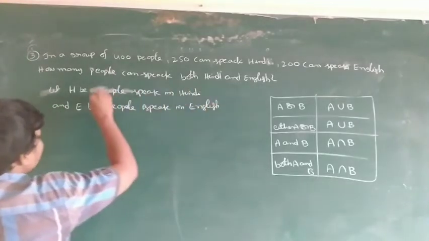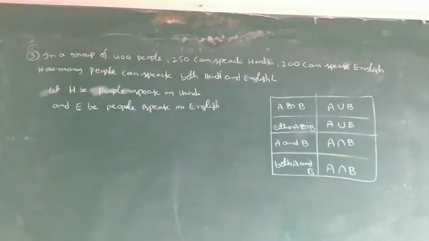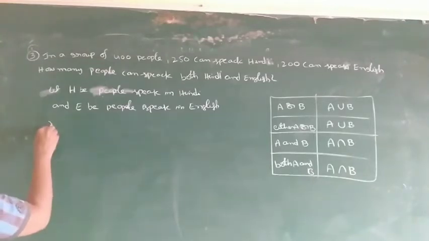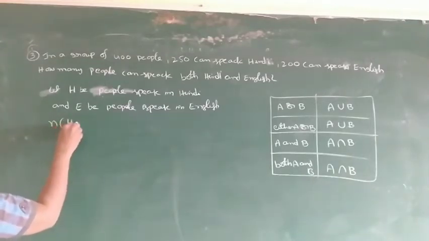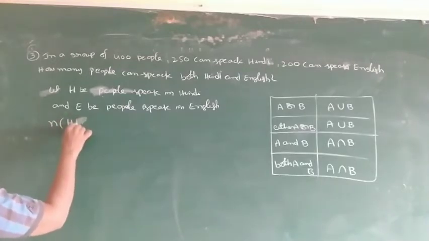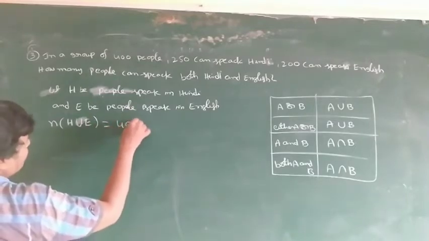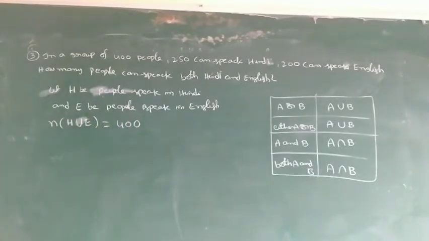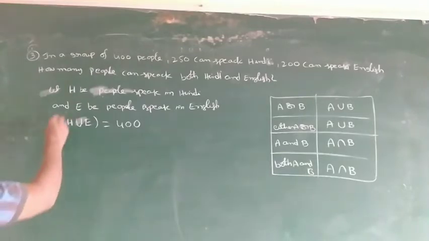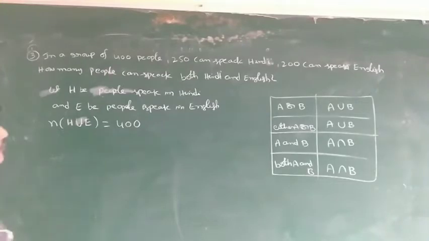Simply, English say E, and Hindi say H. The total students, 400, is the union of Hindi and English, covering all languages. So N of H union E is equal to 400.